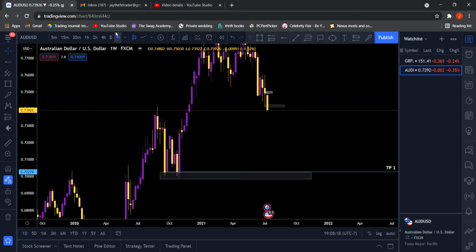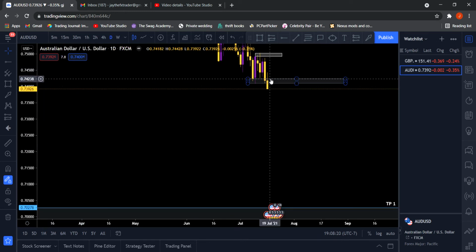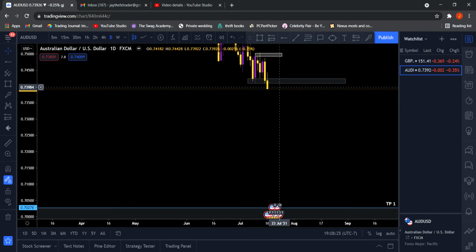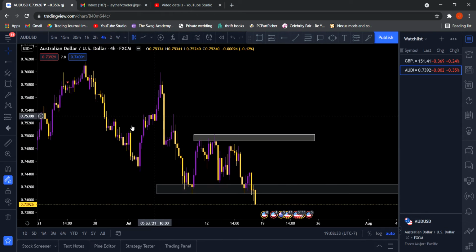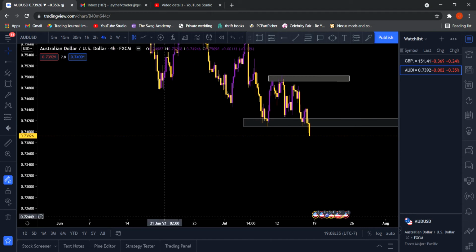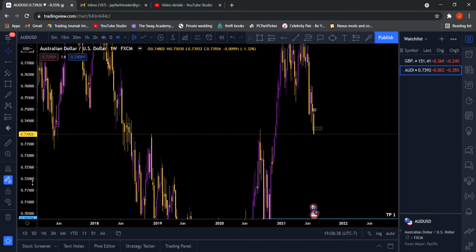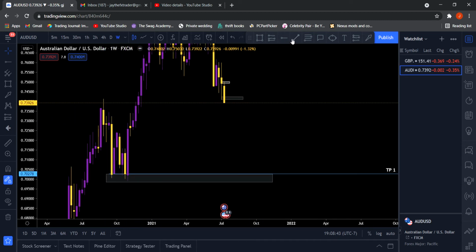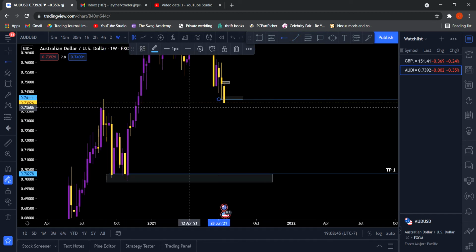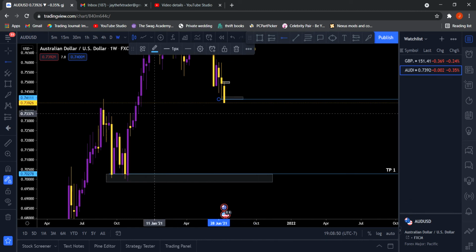And what I'm gonna do is, if it breaks and retests, and then I get my confirmations to sell, then I'll be looking to scale in and have multiple positions. Say I put in a position from here when it retests the daily with now resistance, and then say it pulls back.